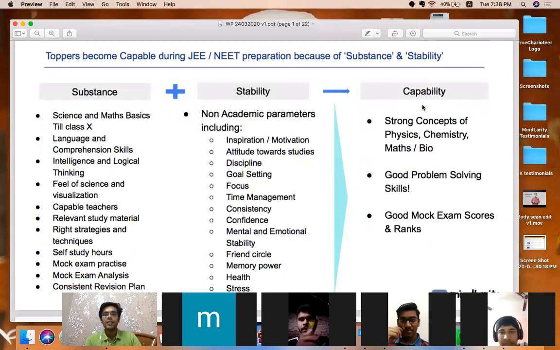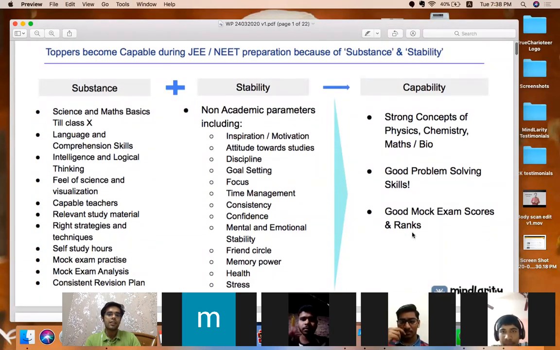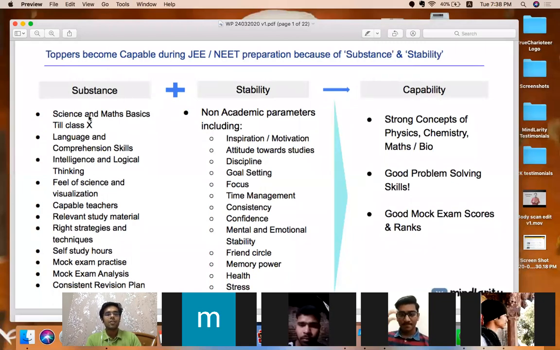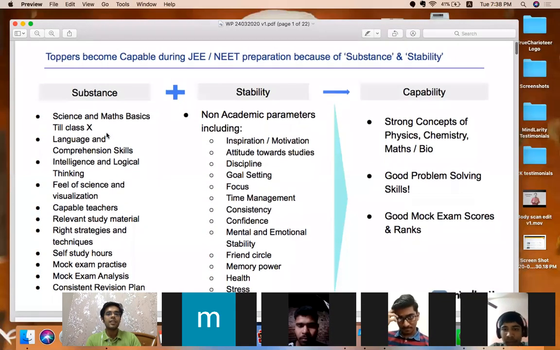In order to get this output which each one of us is looking for, we have to work on two categories of input. The categories are substance and stability. Substance parameters are the ones which are directly related to your academics, while the stability parameters are not directly related to your academics, but are more of personality characteristics or traits that you have right now.